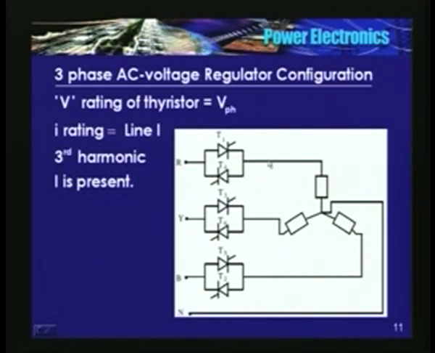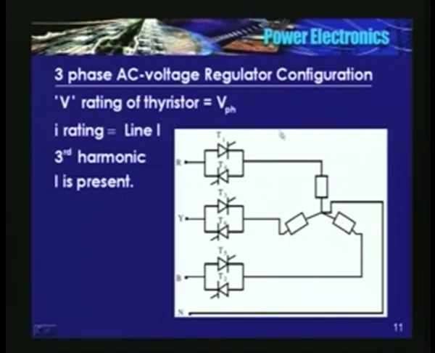Whereas the third harmonic components will add up and flow through this line, because sin 3 into omega t minus 120, that is 360, is equal to sin 3 omega t itself, and same here. So all triplet harmonics will flow through this. So you will have triplet harmonics in the line current.